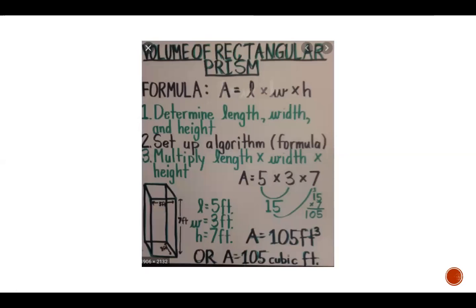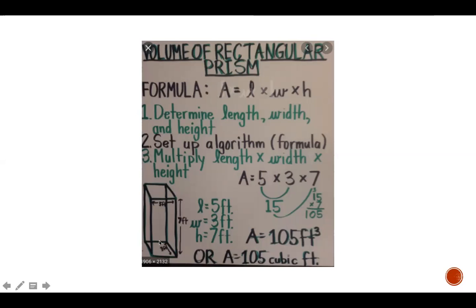this anchor chart. So remember this, to find the volume of a rectangular prism, the formula is length times width times height. Determine the length, width, and height. Set up an algorithm or formula and multiply the length by the width and the height.